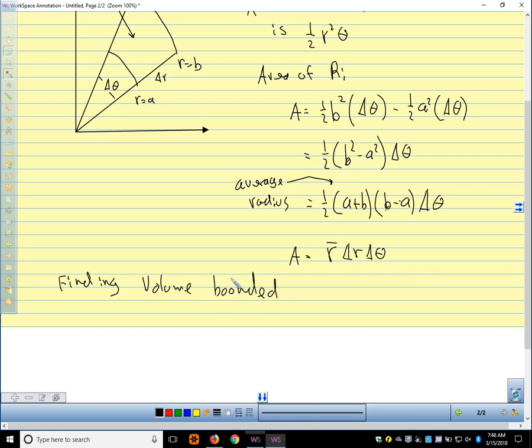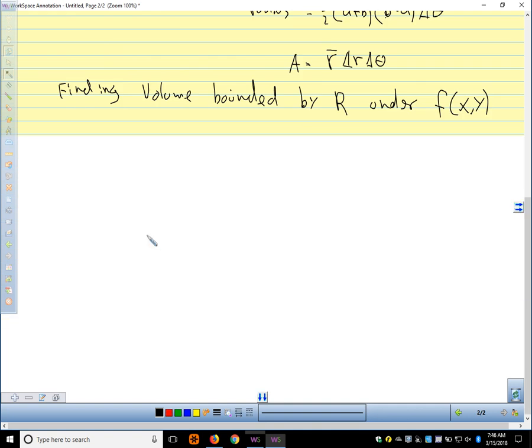So the volume bounded by r under f of x y, the volume of one prism. We're building, now we have a surface up above that region, and we're using that polar rectangle as the base of our prism, and the top of the prism is up at the surface.